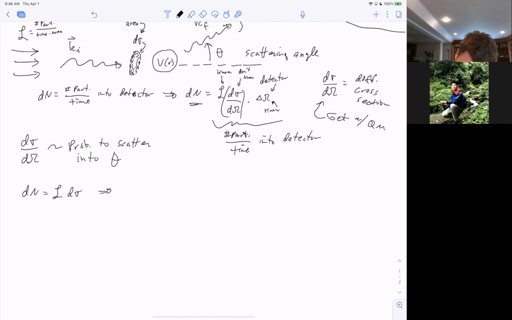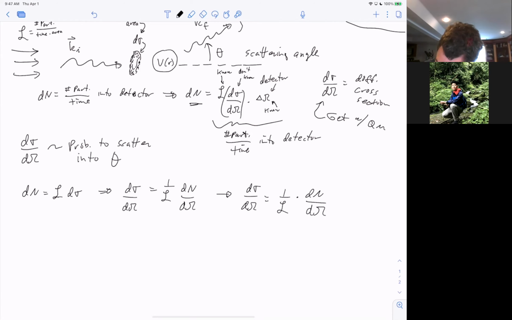So then we can just invert this and say d sigma equals 1 over L dN, and then we can divide by d omega on both sides of the equation. And so then we see that the differential cross section is equal to 1 over the luminosity times dN d omega. And this is purely classical, so it's really simple.